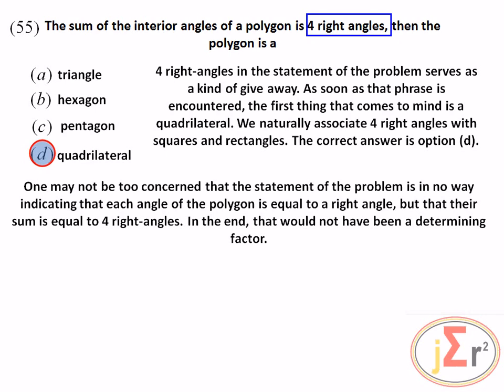So as soon as we see 4 right angles, we associate that with squares and rectangles, and we are quick to say that quadrilateral is correct. However, by saying the sum is equal to 4 right angles, the statement of the problem is in no way indicating that each angle of the polygon is a right angle. But in the end, that would not turn out to be a determining factor.